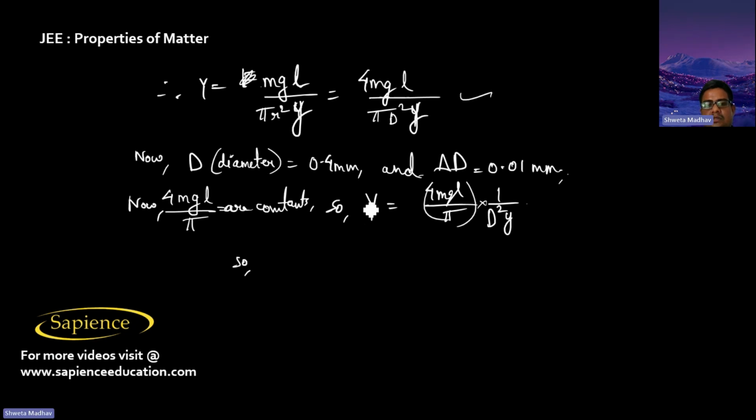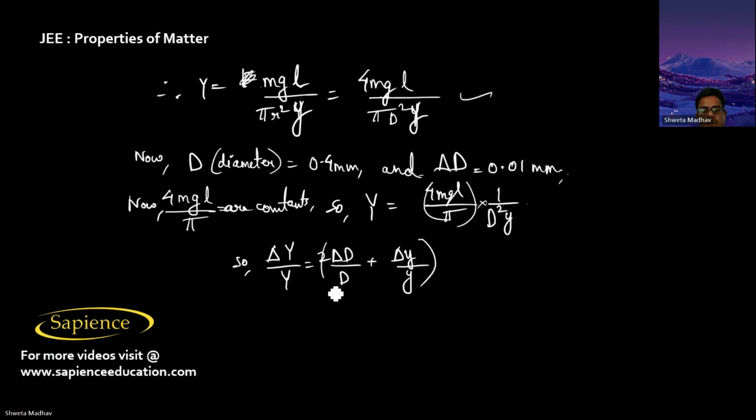So it means the relative error in the measurement of the Young's modulus, that is ΔY by Y, is equal to 2Δd by d plus Δy by y, since this part is a constant.